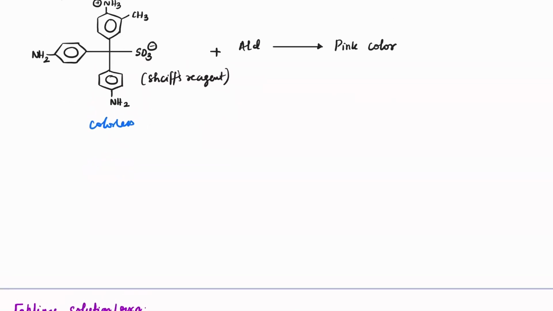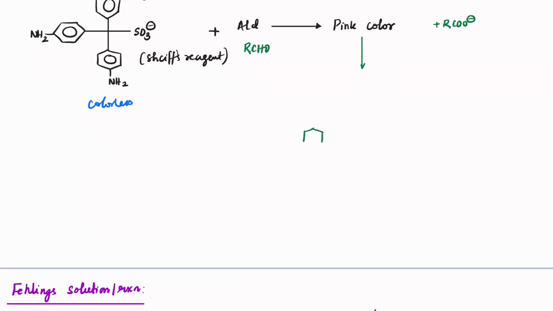For example, if I take an aldehyde RCHO, then first it will convert into RCOO minus. And this pink coloration is because of this complex which I'm writing right now. But see how it changes with small structural features.